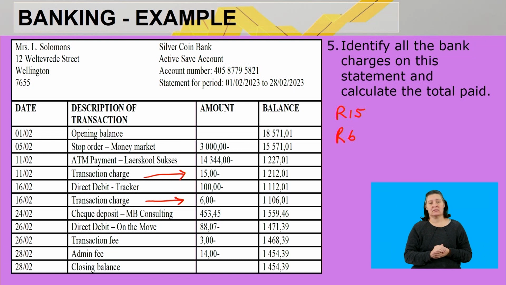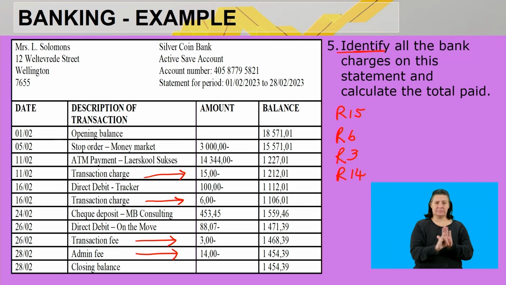Right, let's move on. I see another one. There's a transaction fee here of 3 Rand as well. And then I see there's an admin fee of 14 Rand. Okay, so remember the question says identify, so we have to do two things here. Identify and we have to calculate the total paid. Right, so how will I calculate the total?